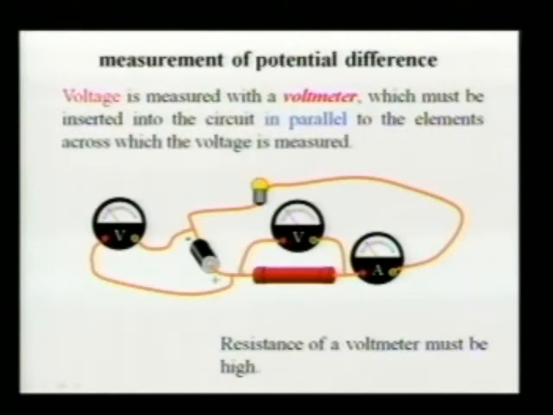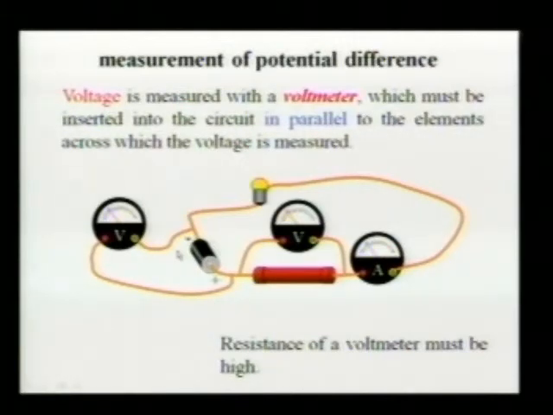We don't want significant current to flow through the voltmeter. We want as small a current as possible to flow through a voltmeter. So then, indeed, no matter if we have the voltmeter or if we don't, the rest of the circuit behaves the same way.